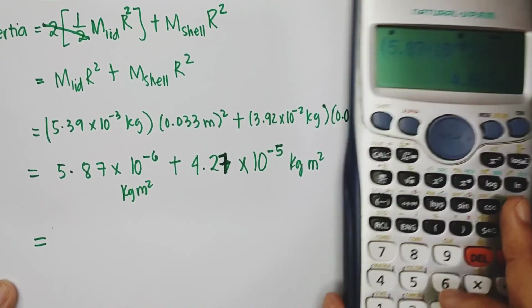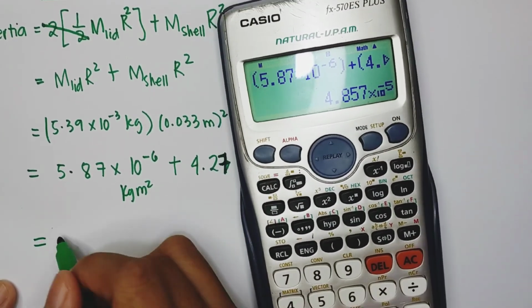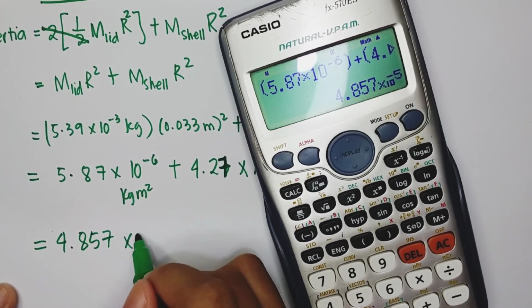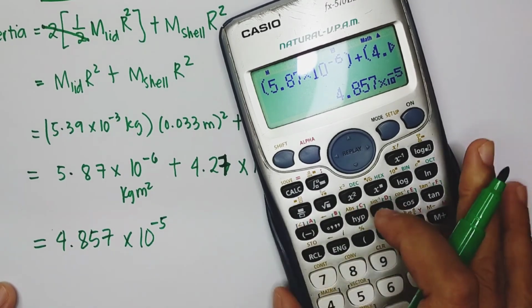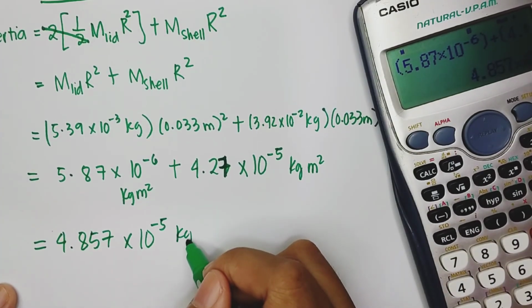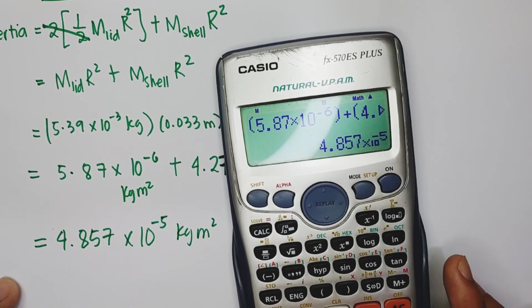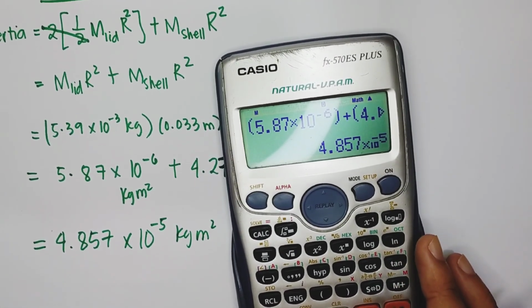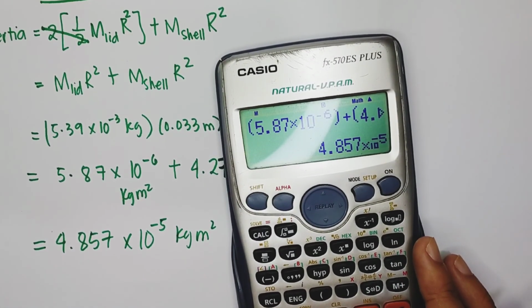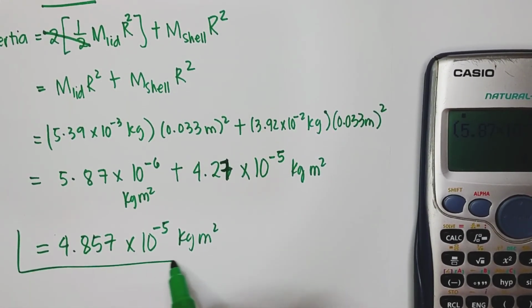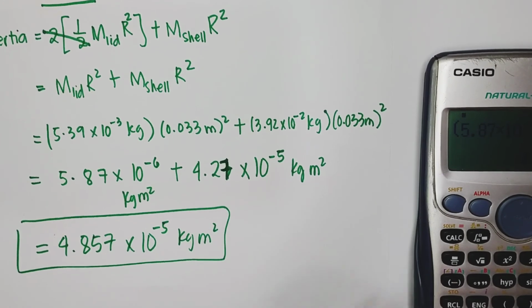By adding the two, we have 4.857 times 10 to the negative 5 kilogram meter squared. This is the value of the total inertia of our beer can.